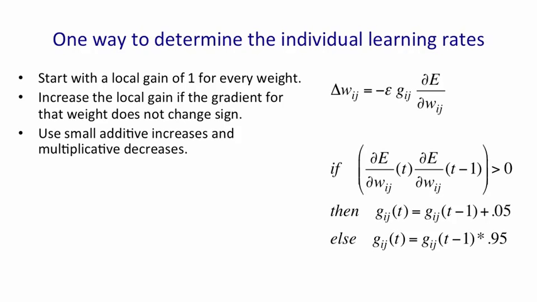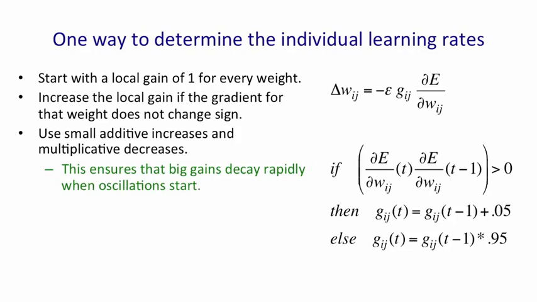And then we're going to increase gij by a small additive amount. If the gradients have opposite signs, we're going to decrease gij, and because we want to damp down gij quickly if it's already big, we're going to decrease it multiplicatively. That ensures that big gains will decay very rapidly if oscillations start.